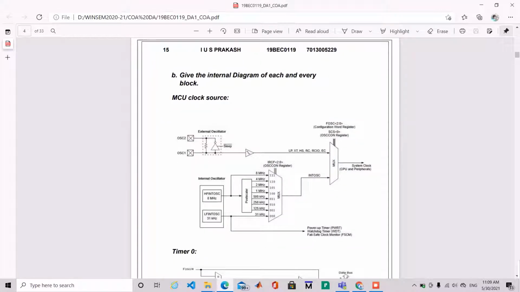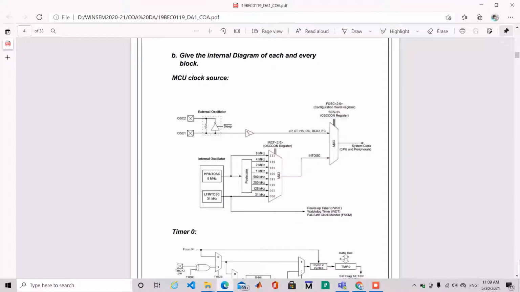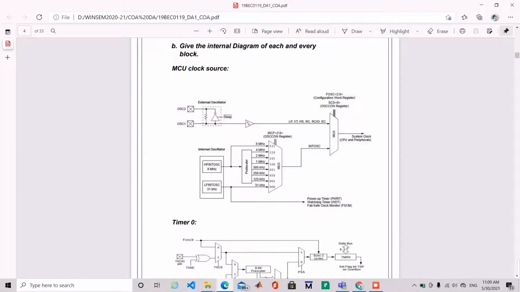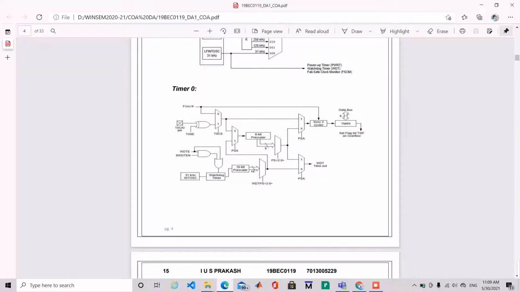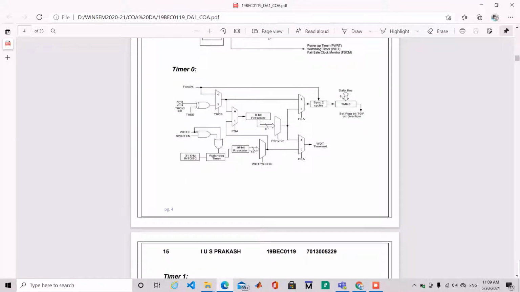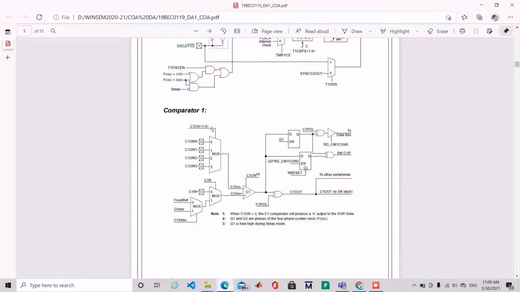This was the internal block diagram of each and every block, and this was the MCU clock source block diagram, and this was timer 0, and this was timer 1 and comparator 1.